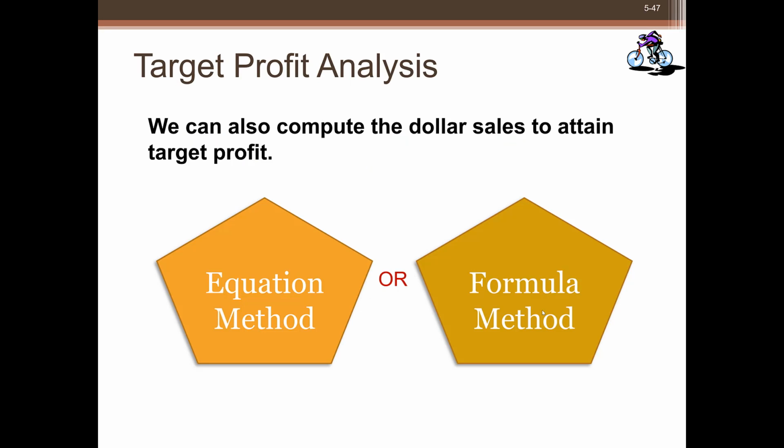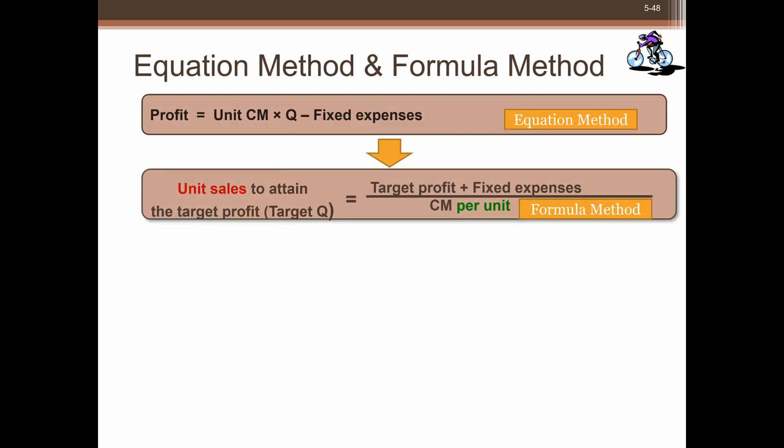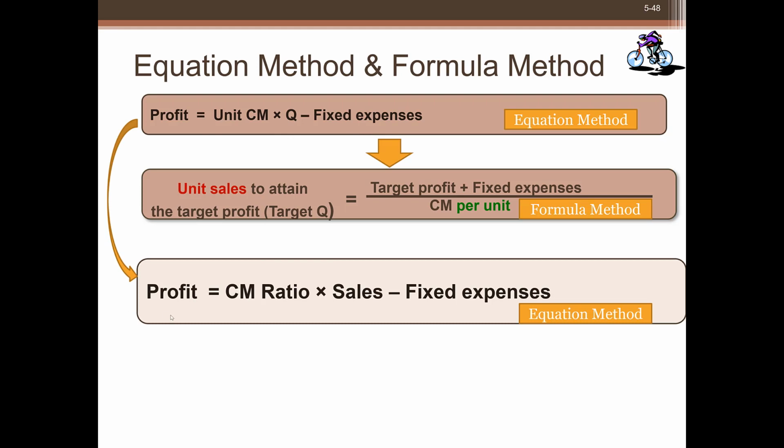We can also calculate dollar sales to achieve target profit using either the equation method or the formula method. These are the equation method and formula method to figure out Q, quantity sold. From the first equation here, we can rewrite it as the third one: profit equals contribution margin ratio times sales minus fixed expenses.